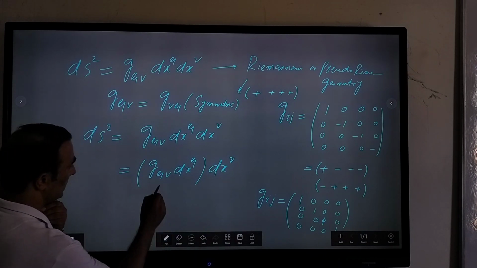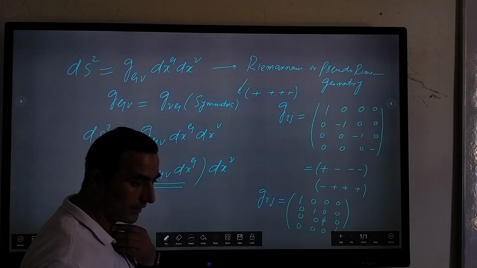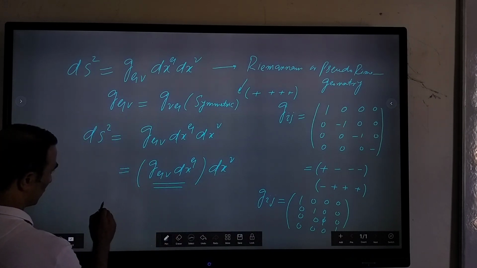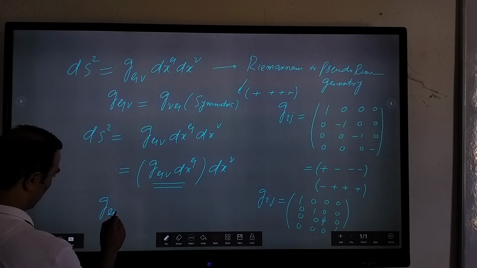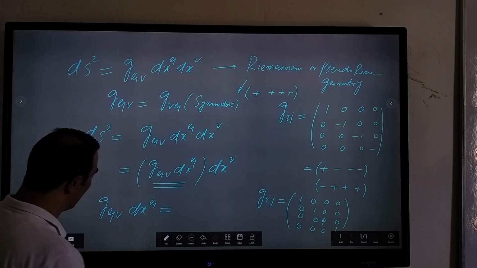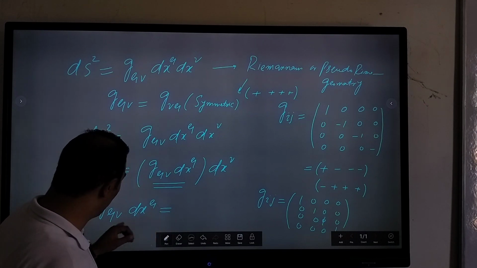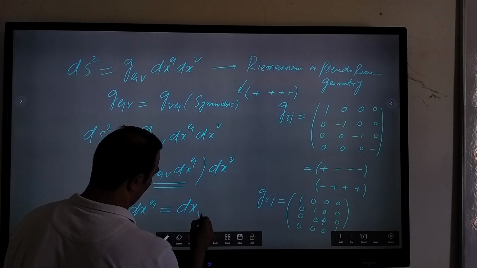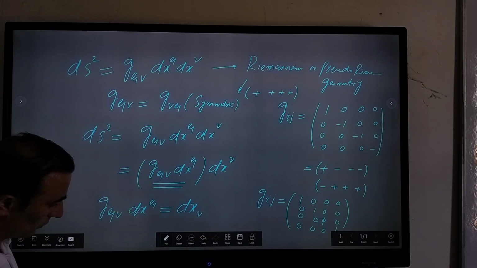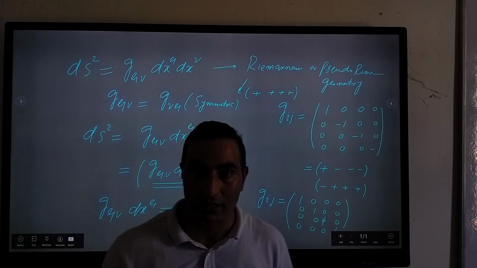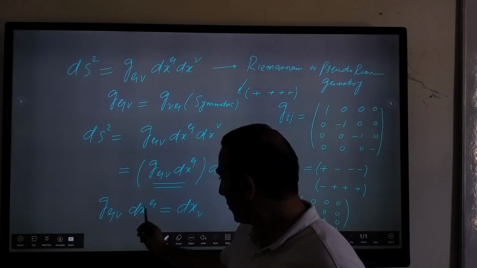If you remember, in one of my lectures, you can rewrite this term as g_mu_nu dx^mu. This will be equal to dx_nu, because mu and mu will contract.